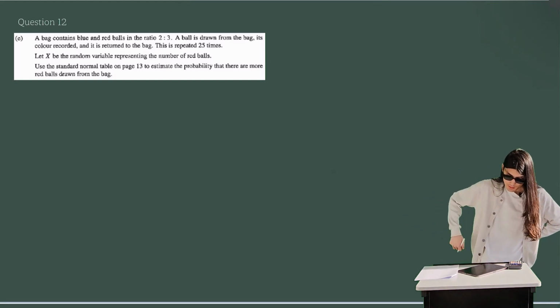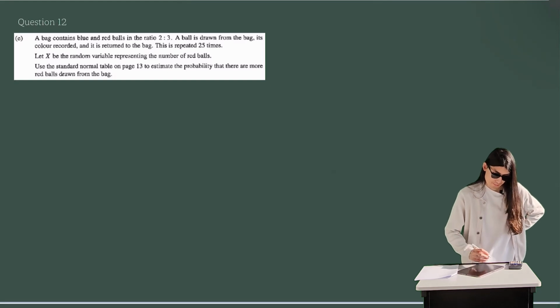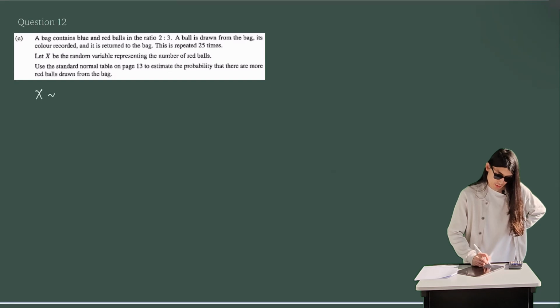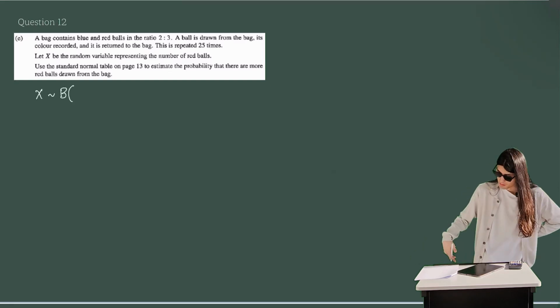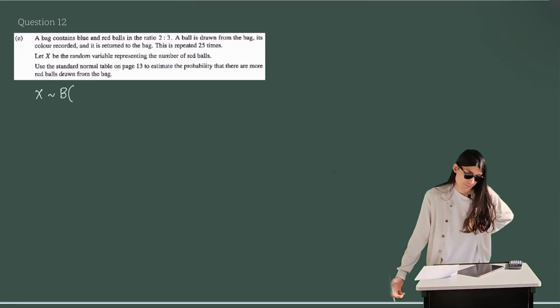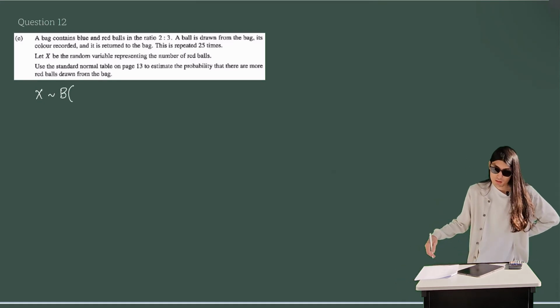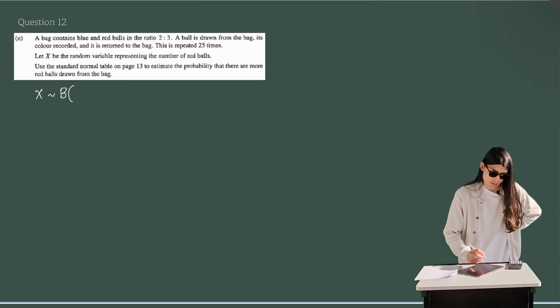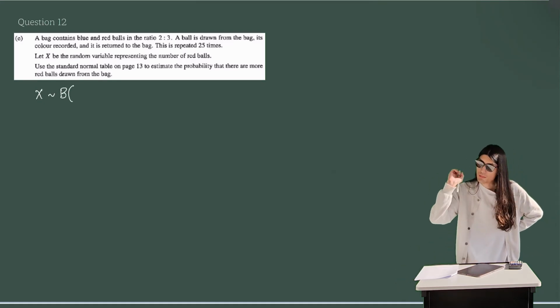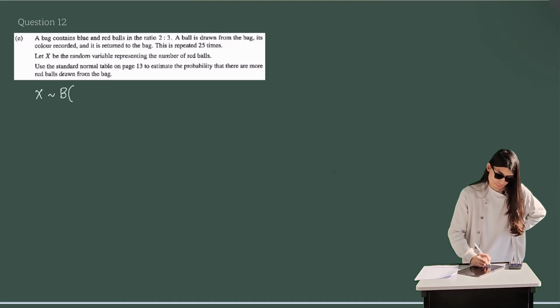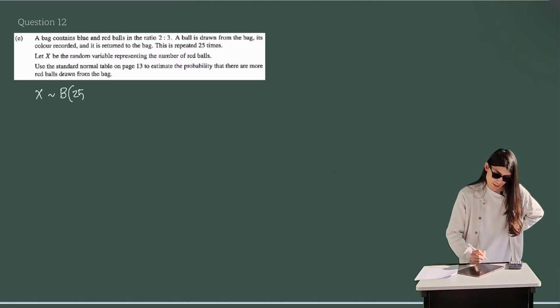Okay. Then, guys, x is going to be binomially distributed because the question is about binomial distribution, right? And the number of times that this ball selecting process is carried out is 25, which also becomes the value of my n.